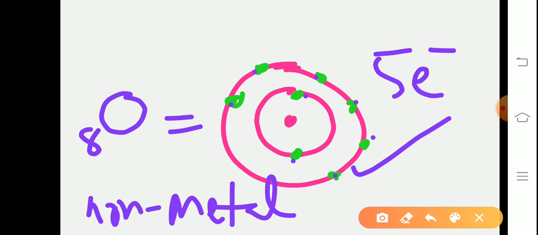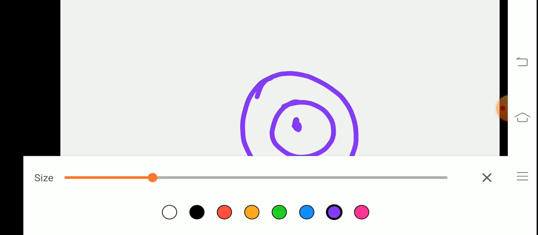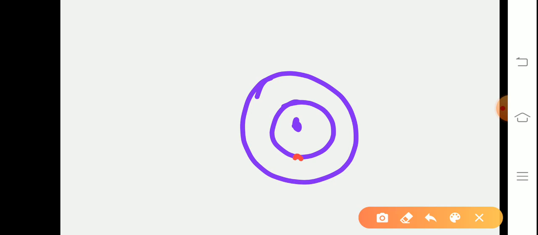Suppose there are only 4 electrons in the outermost shell, that is considered to be a metalloid. For example, 1, 2, 3, 4.